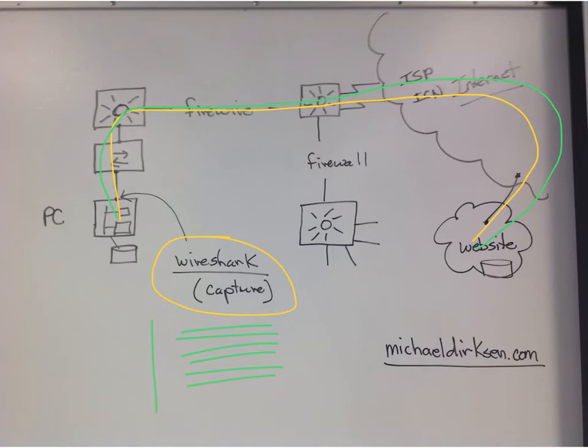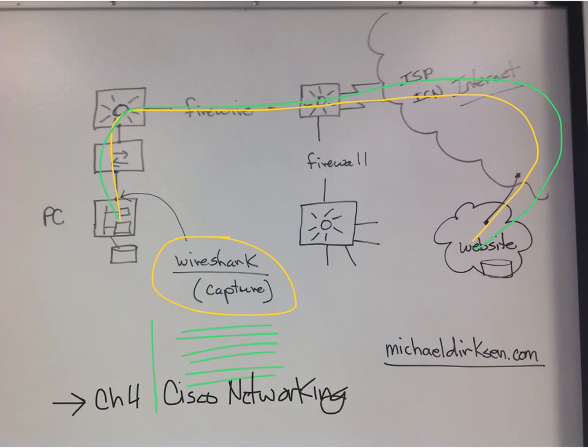So you need to be working. By Friday you should have read and gone through everything up through chapter 4 in the Cisco Networking Academy. Okay, so that's it for today.